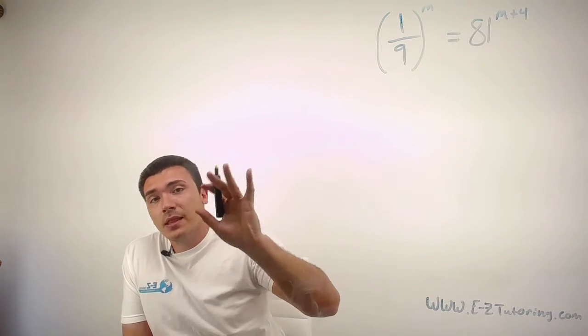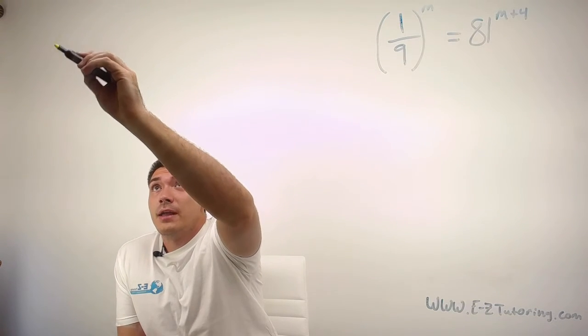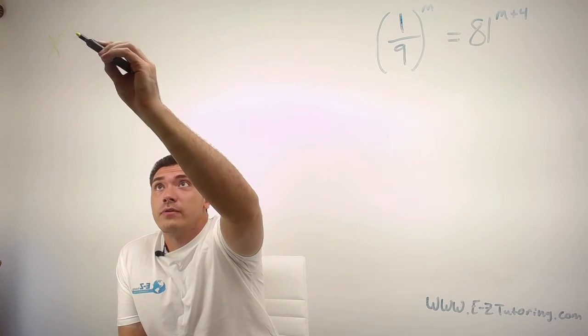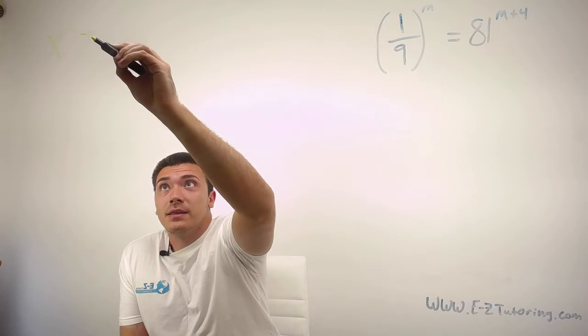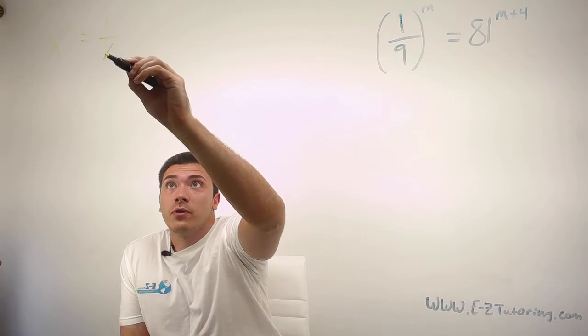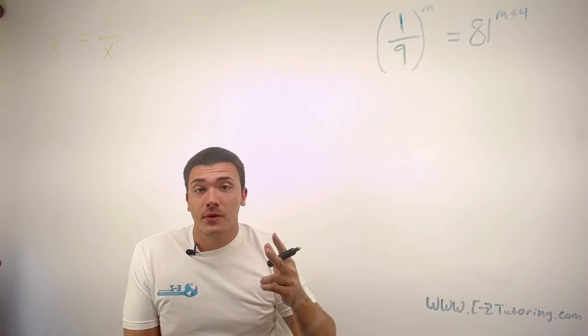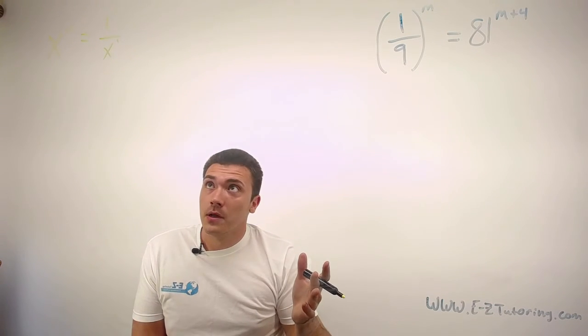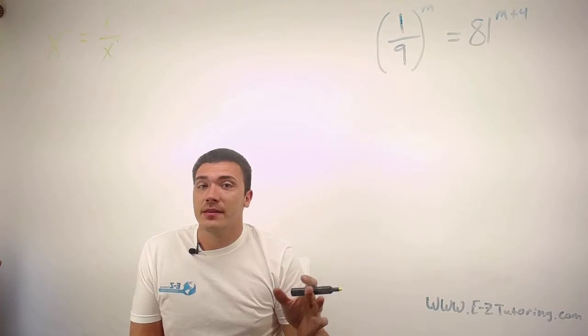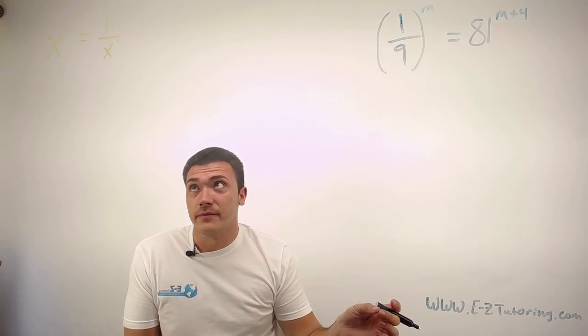Well, let me go over a simple rule here. X to the power of -1 is equal to 1 over x to the power of +1. Whenever you flip your variable or your number, your exponent turns from positive to negative or negative to positive.